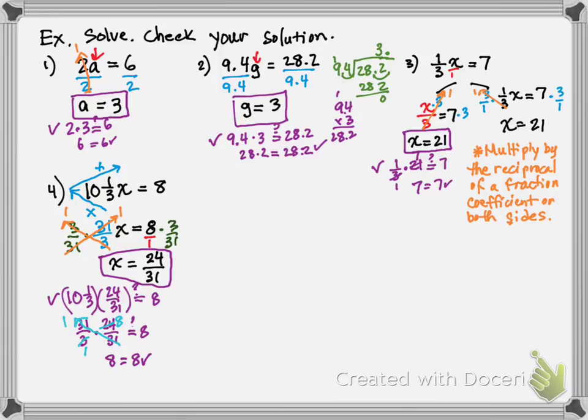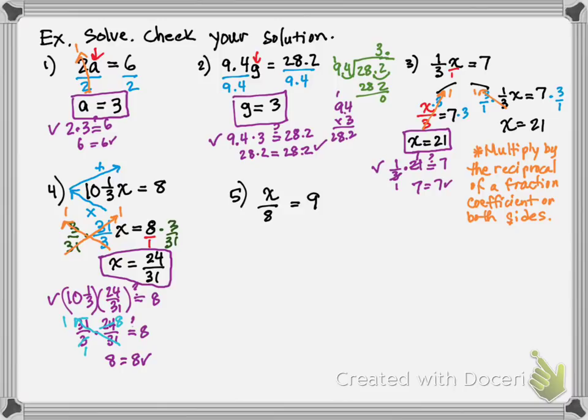Okay, let's go ahead and move on, and let's do a couple division problems. This will probably take me a little bit of room, and I'm going to have to go on to another page. So let's start with x divided by 8 equals 9. The key thing to remember here is you've got to multiply up high.